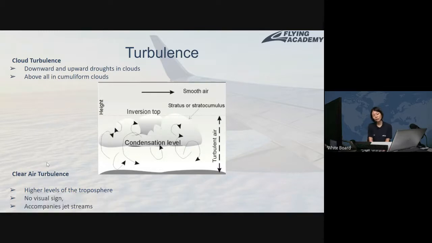So if you're having the tailwind to go to the destination, normally this is what the airliner does, and they want you to go with the jet stream so they can go faster. But if it is coming back, if it is heavy, of course they can't fight this wind, because the wind is that strong, like a tunnel. So they always choose the lower level and then come back to the destination. This is normally what happens for the clear air turbulence.